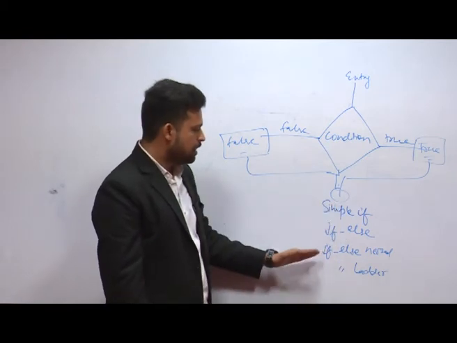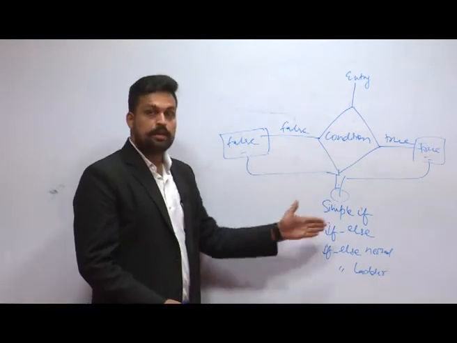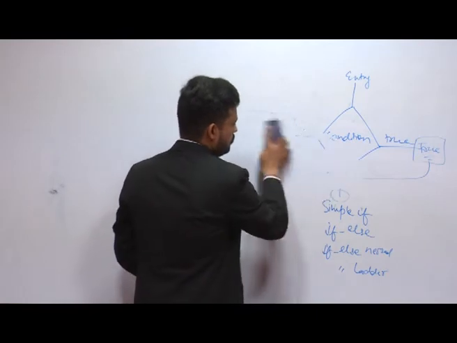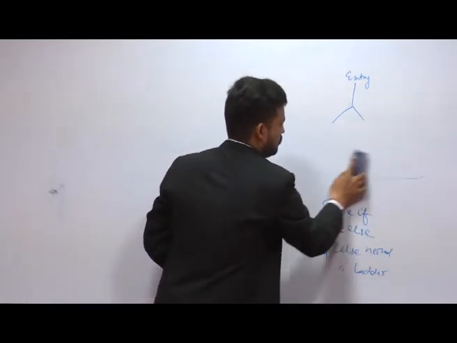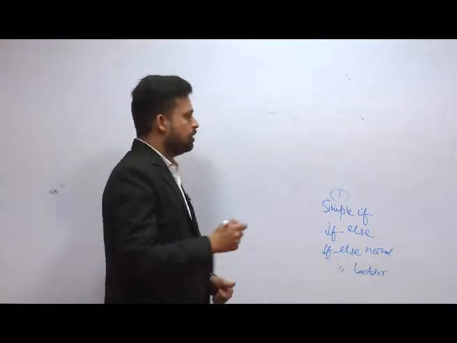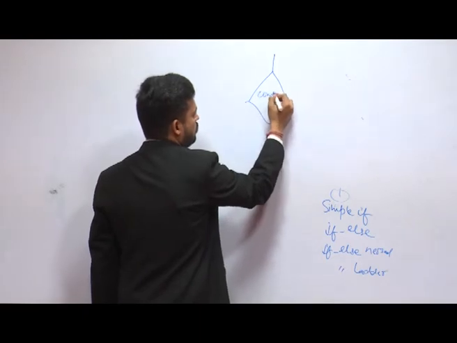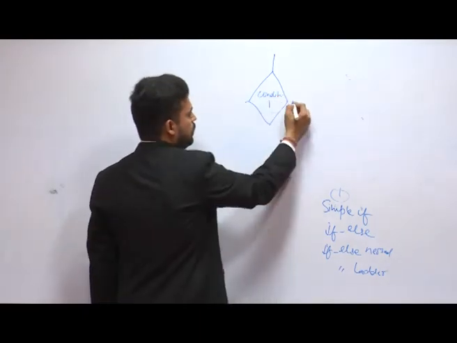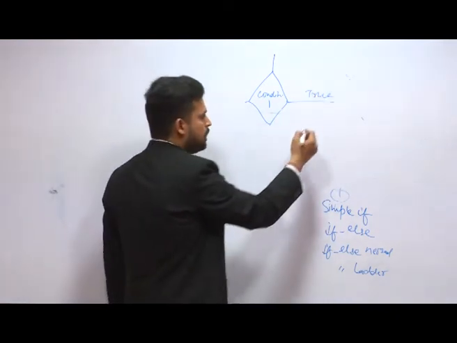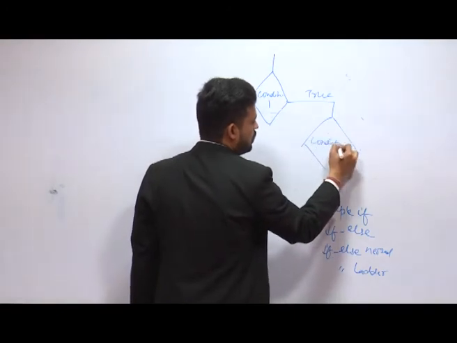Next is if else nested. We can also say if within if, that is called nested. It means there are two different if statements. First, condition 1: if this condition is true, we will again check a different condition, condition number 2.